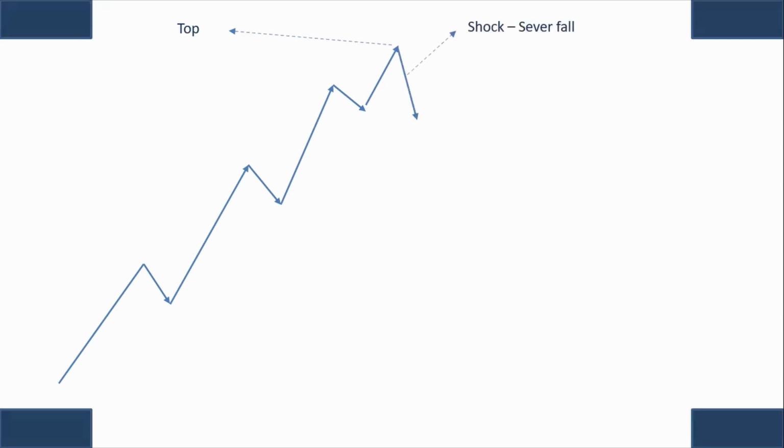So see, this is how a bull market rises. And finally, there is a top. And once the market has made a top, there would be a severe fall, which will create a shock.